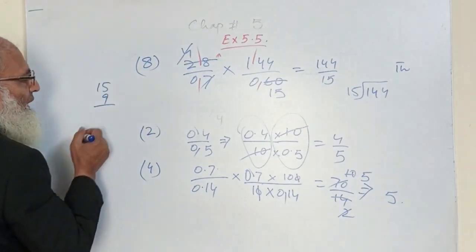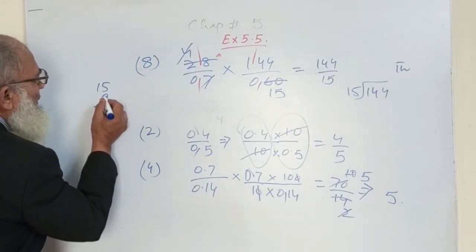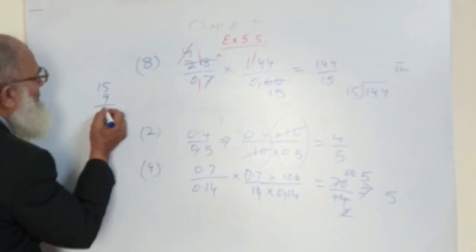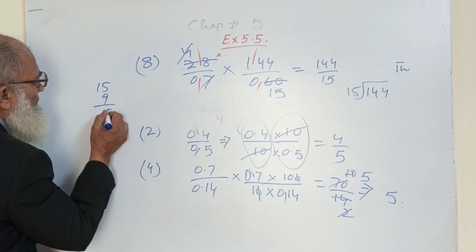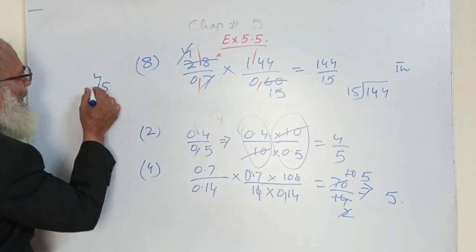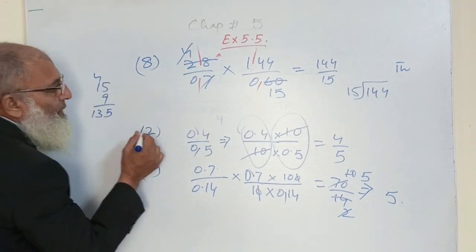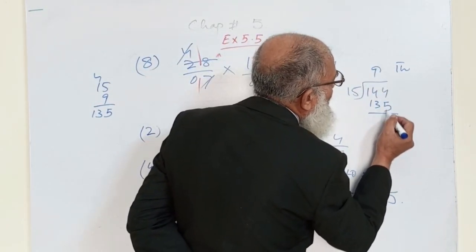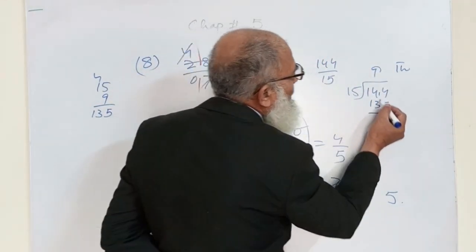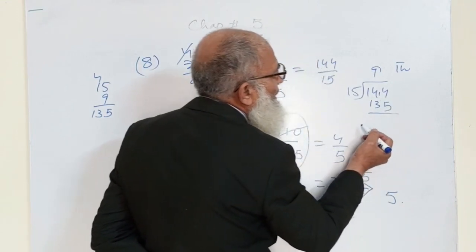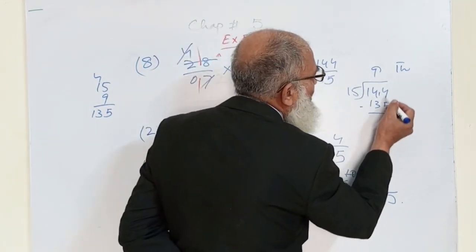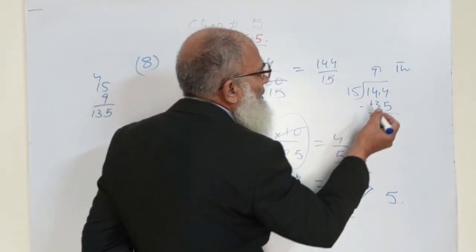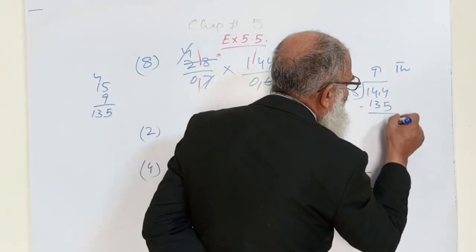So 9 5s are 45 and 135. It will become 135 and 144 minus 135, 14 minus 5 will be 9.